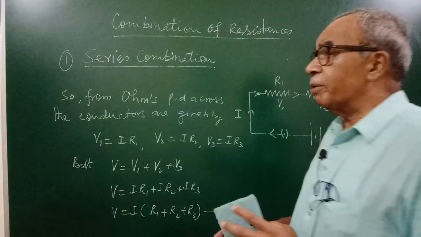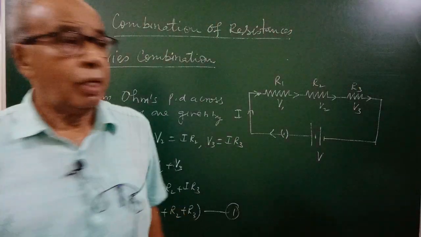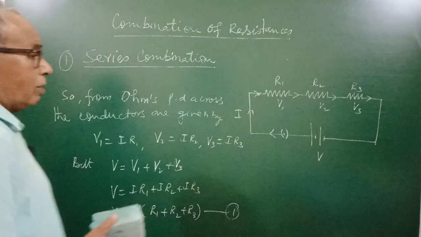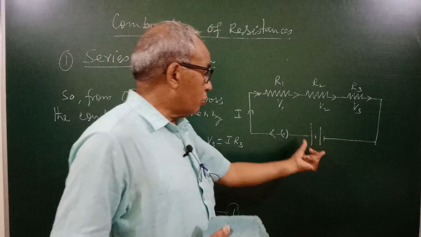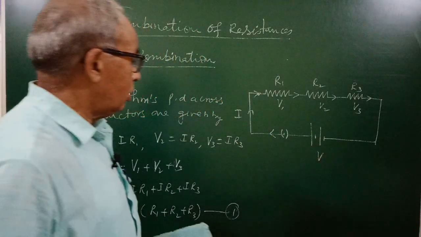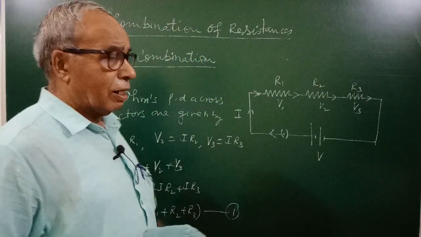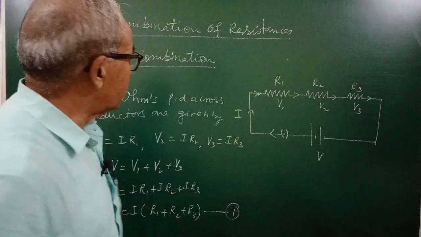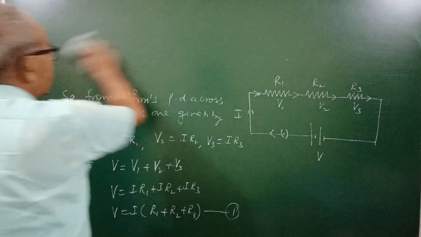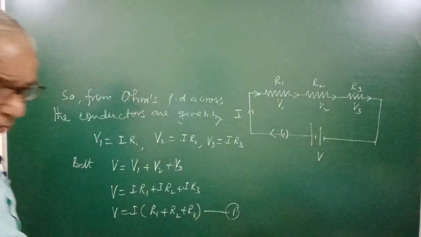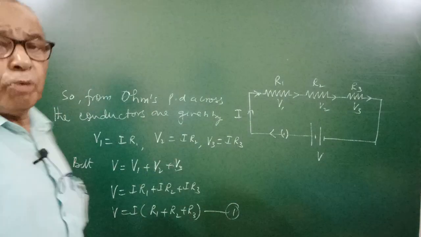Now, what is our purpose here? Our purpose is to find which conductor should be connected across the same supply so that we can draw the same current I. That is, we need to find the equivalent resistance of the combination.